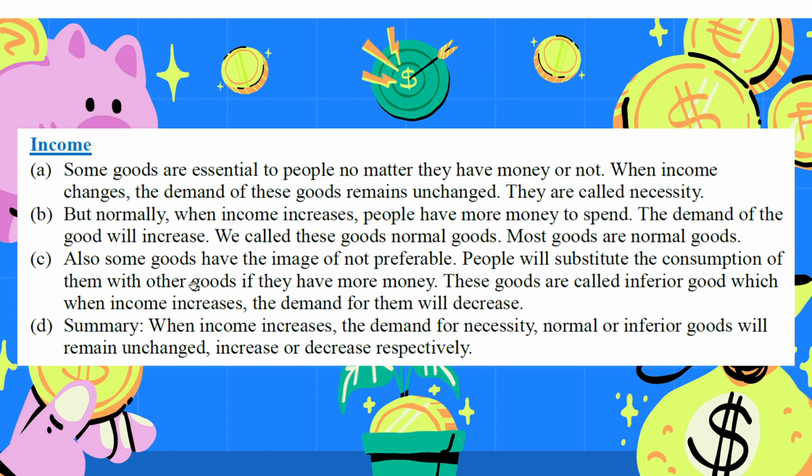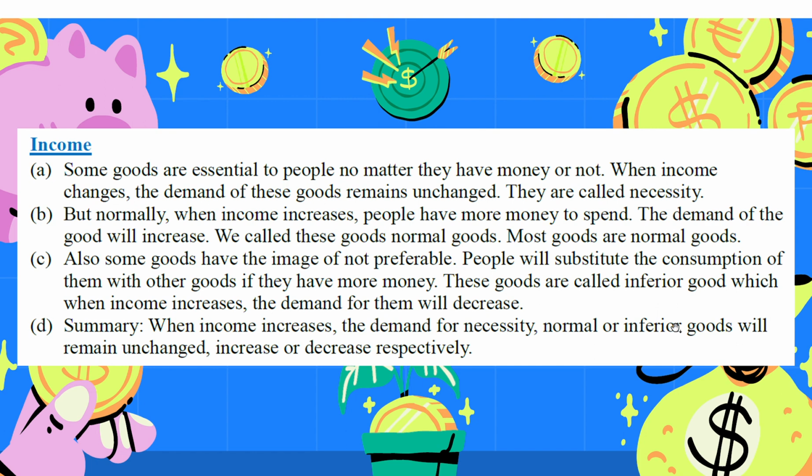If we have some money, we go to a restaurant or fine dining. So fast food is an inferior good. When income increases, the demand for it will decrease. In summary, when income increases, the demand for necessities changes little, normal goods increase, inferior goods decrease.